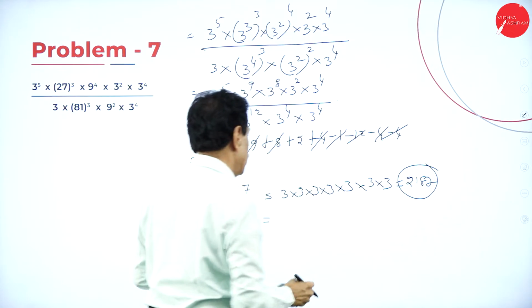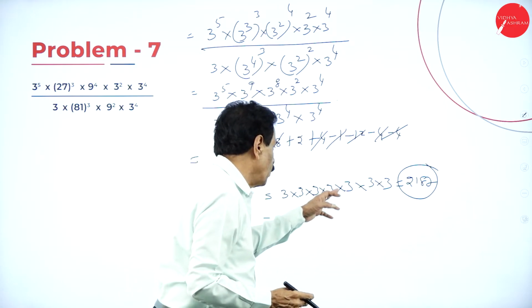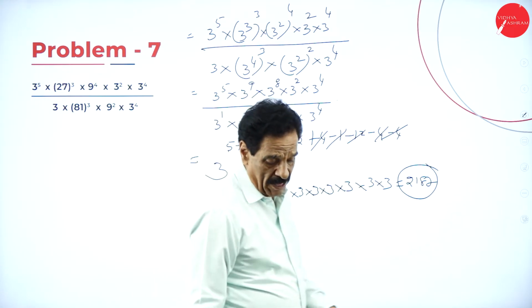Multiplication, 7 times: 1, 2, 3, 4, 5, 6, 7 times.